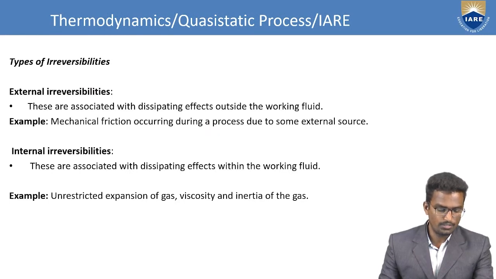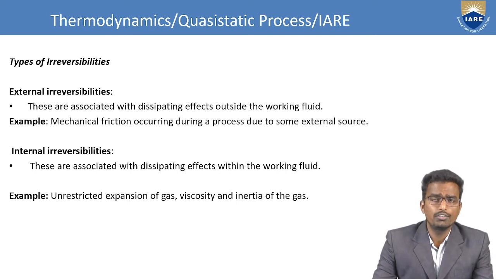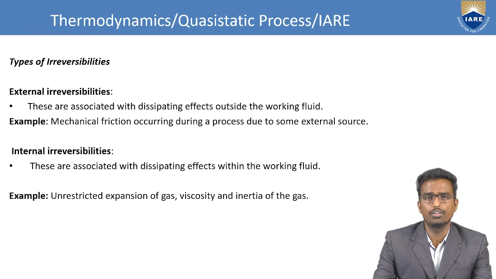There are two classifications of irreversibility: external irreversibility and internal irreversibility. External irreversibilities are associated with dissipating effects outside the working fluid. If anything happens outside the fluid, we call it external irreversibility. An example is mechanical friction occurring during the process due to some external forces.